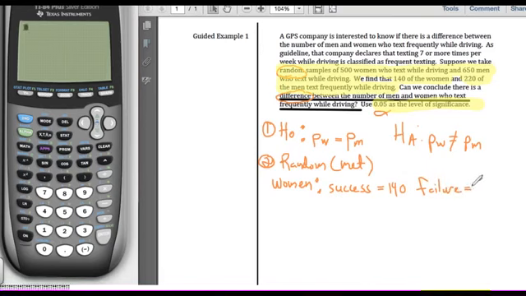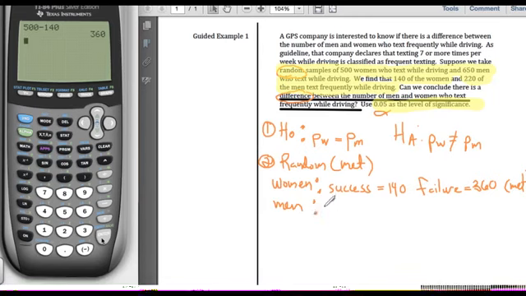For my failure number, I know there were 500 women. If 140 said yes, I can take 500, subtract 140, and that gives me 360 that said no, I do not text frequently by that standard. Both of these numbers are over 10, so that group is met.